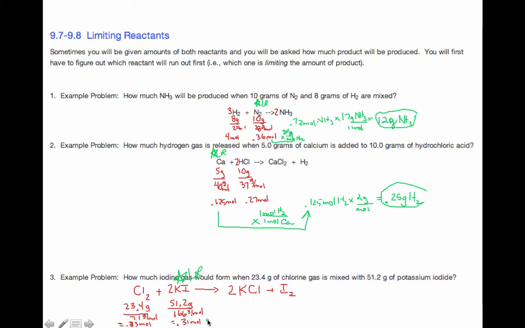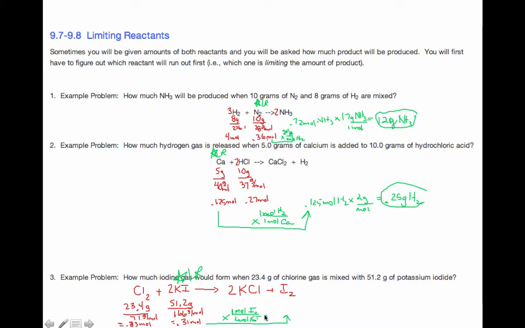So with that decision, we use that for the coefficient bridge, and we look at our relationship. We will produce 1 mole of I2 for every 2 moles of KI.